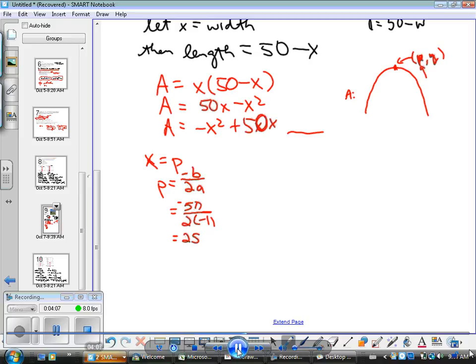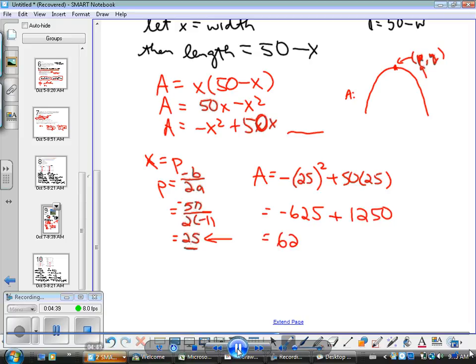You can find Q in one of two ways. You can substitute 25 in for x, because the y-coordinate here is the area. So you can substitute 25 into the equation: negative 25 squared plus 50 times 25, so negative 625 plus 1250 equals 625.